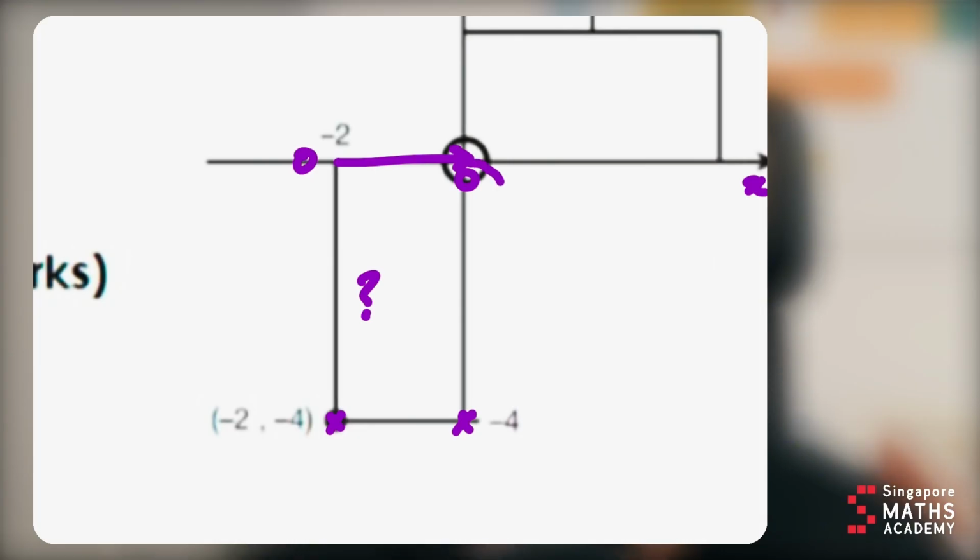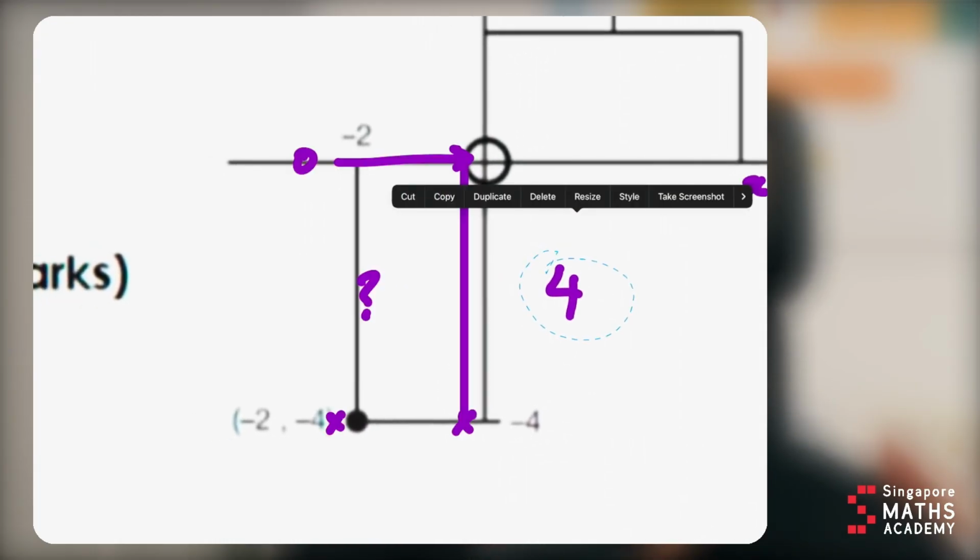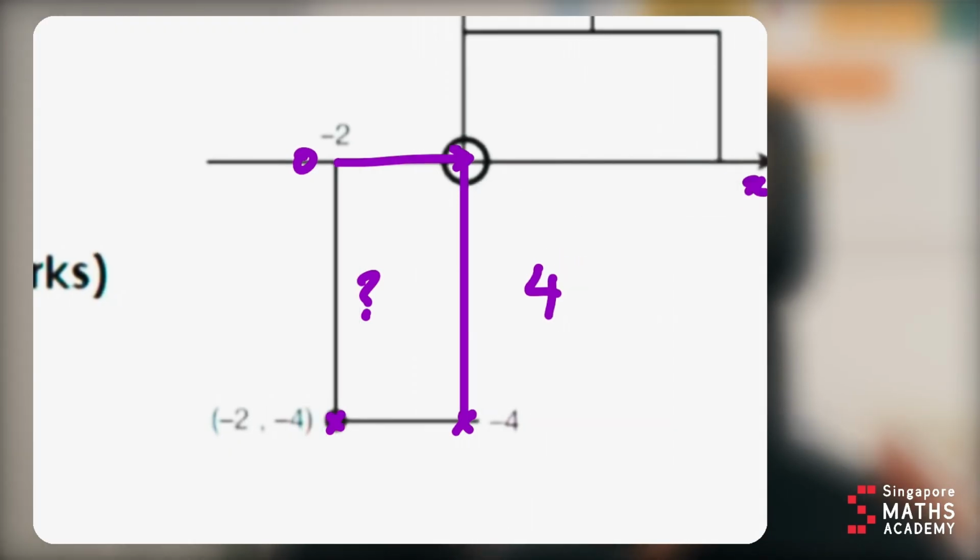So I've gone from 0, -1, -2, -3, -4. That means this length here has got 4 units. We don't know if it's centimeters or millimeters, but we do know that it's 4 units. And so 4 units and 2 units, that's our length and width.